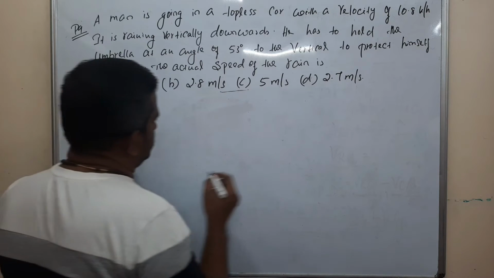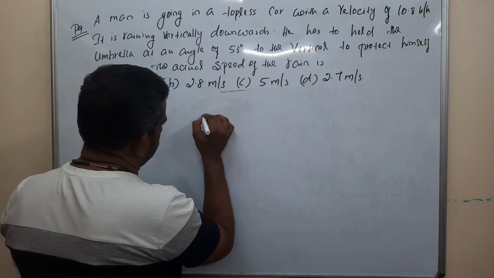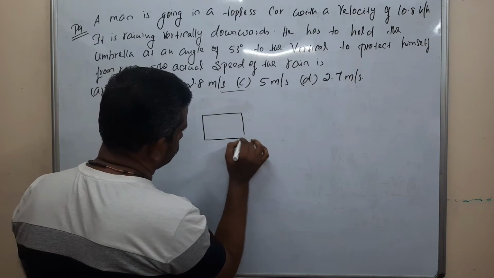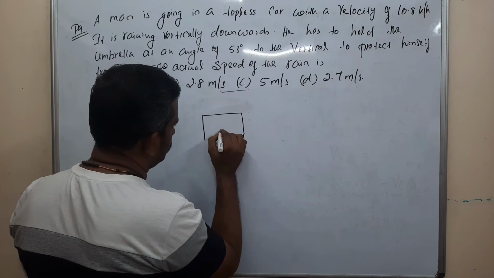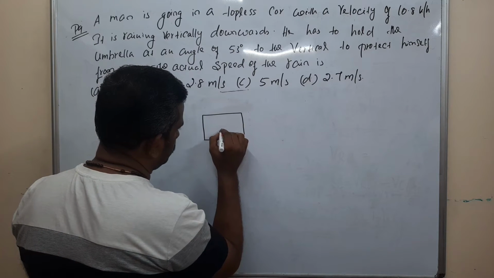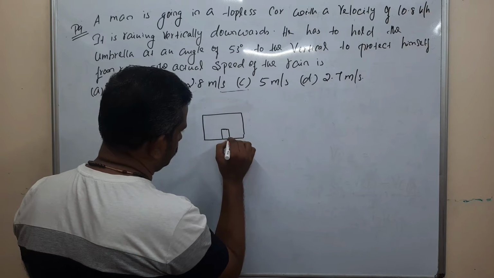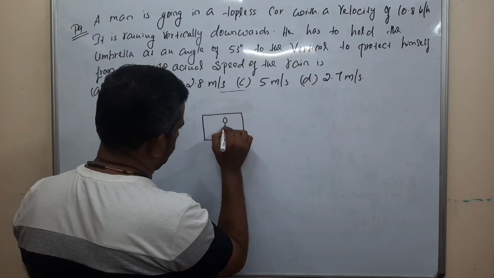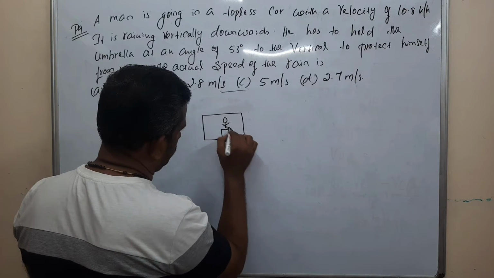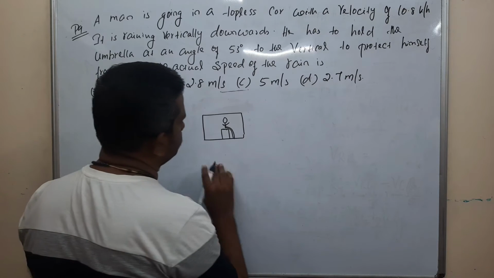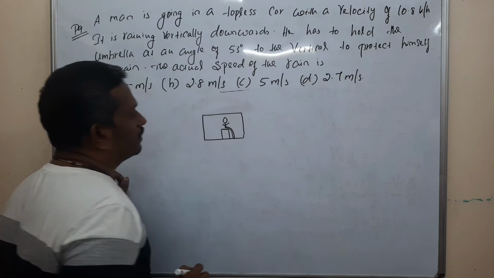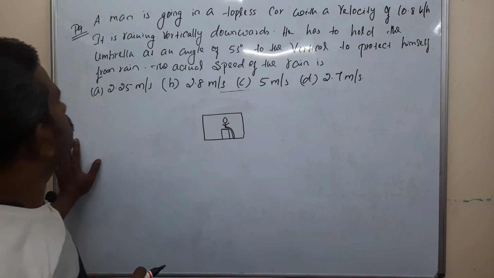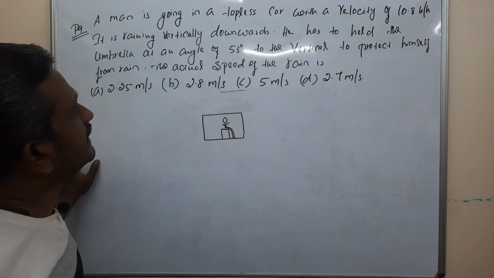So understand the situation. Consider this is a car. He is traveling in a car. It is raining vertically downwards.